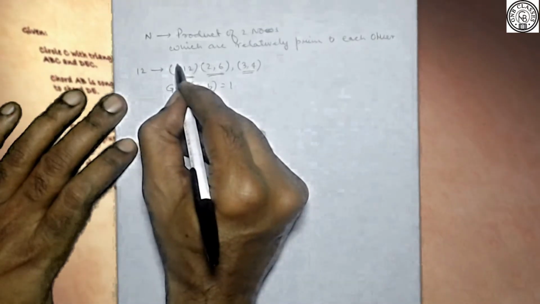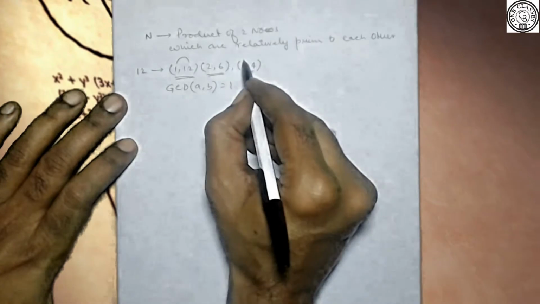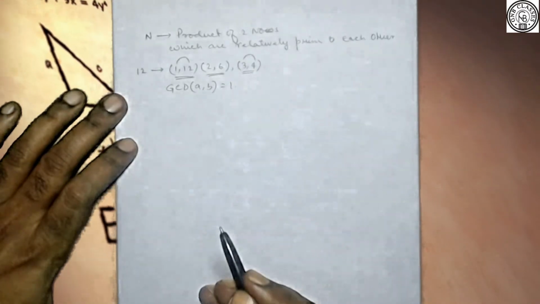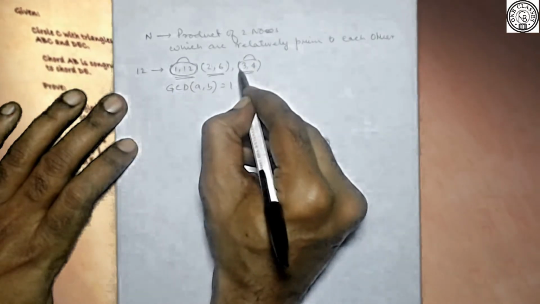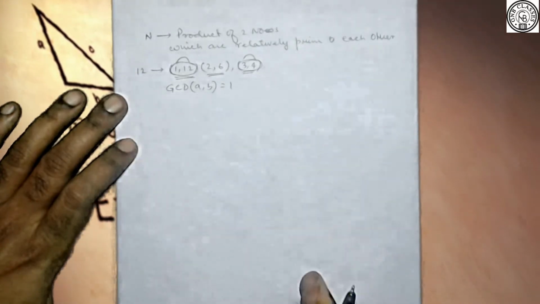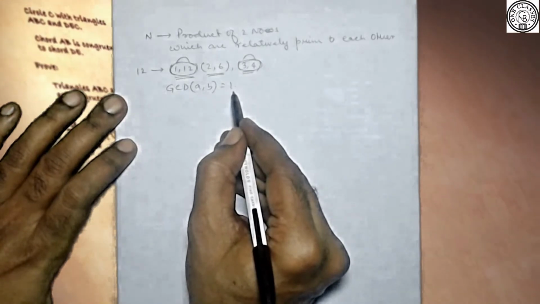We can see easily that GCD of 1 and 12 is 1 and GCD of 3 and 4 is 1. So these two are the ordered pairs where the numbers are relatively prime to each other. In the case of 12, there are only 2.